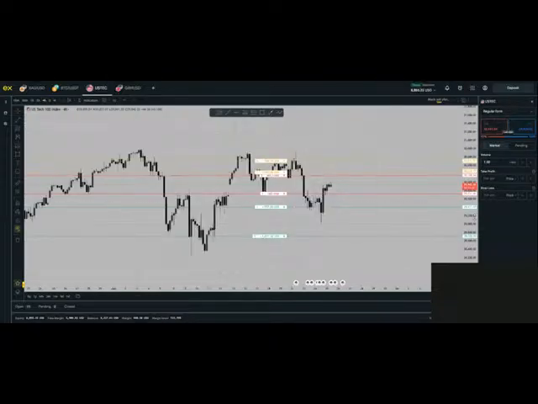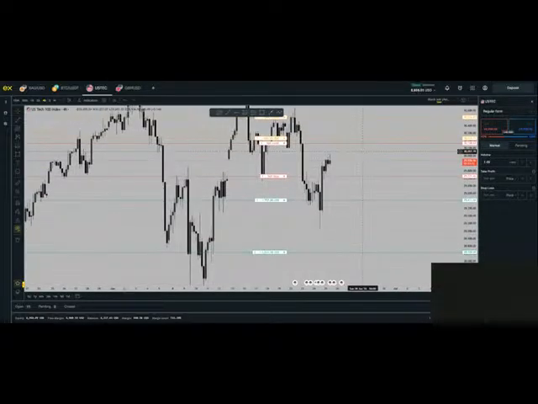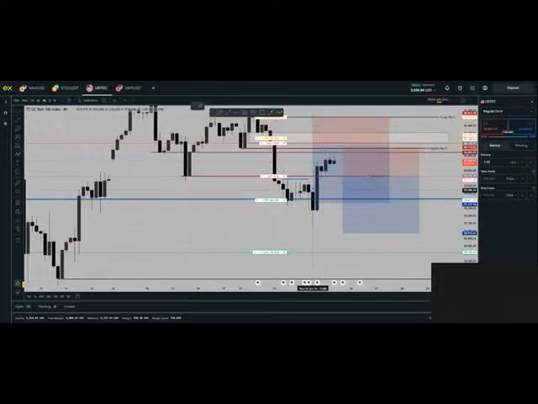But right now, this is where I'm aiming to take short positions, around this level. I'm yet to see a change of character on the 4 hour. The 4 hour might want to correct again, like as we broke out from this level, price might want to come back into this gap, and this is my entry.